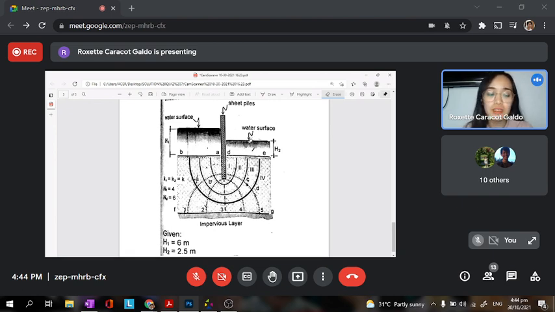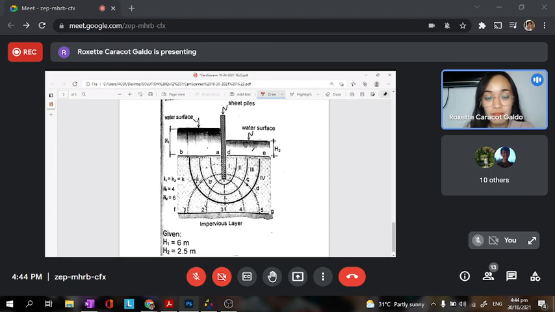Seepage rate is how fast the water flows, or the speed of water, but actually it isn't speed. It is the characteristic of the movement of water beneath our soil. It defines the seepage rate of our soil.